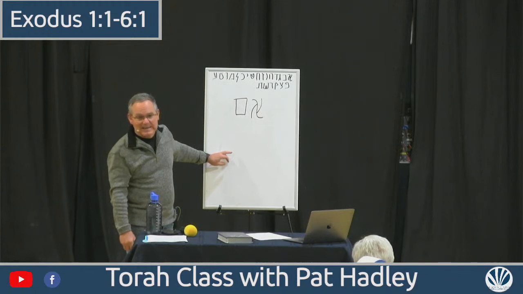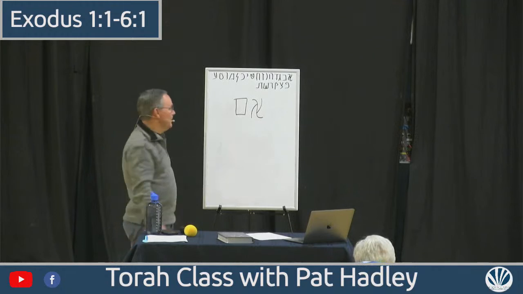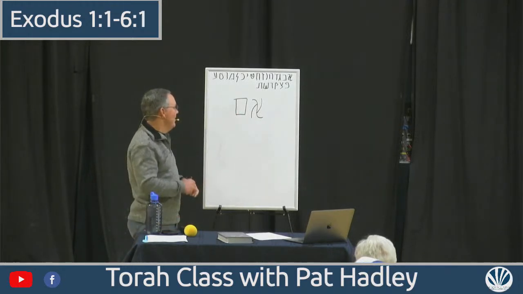What does it mean? Mother. Okay, so Av is father, Em is mother. Today, in Hebrew, I believe mom is Ima, or something like that. Okay, but Aleph and Mem are at the root of it.